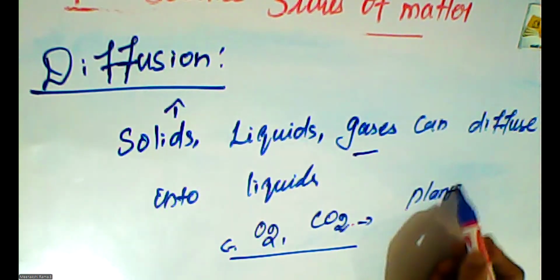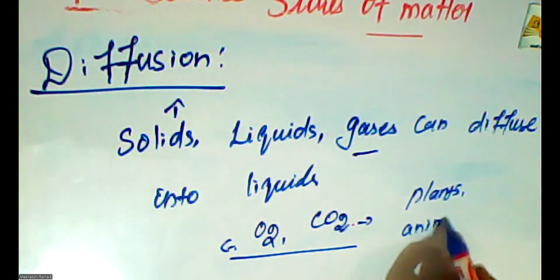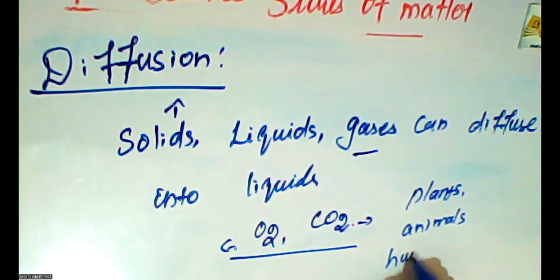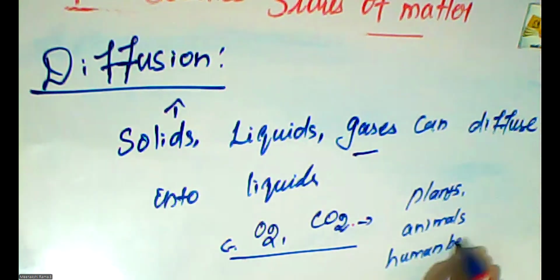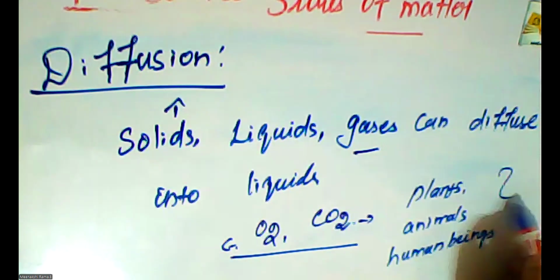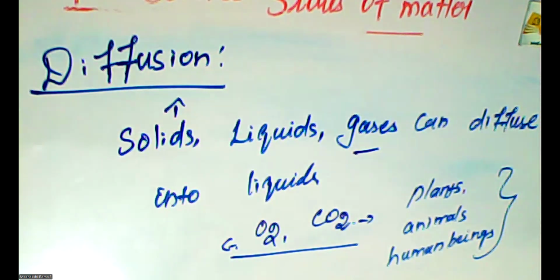So plants, animals, and human beings, these three categories need these two gases, oxygen and carbon dioxide, to survive. Plants, animals, and human beings breathe easily with the help of atmospheric gases.